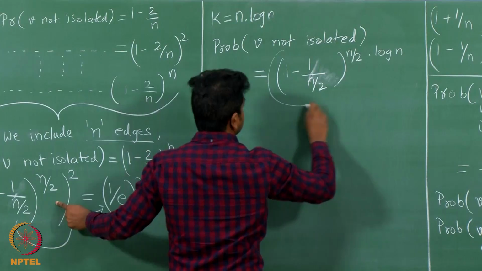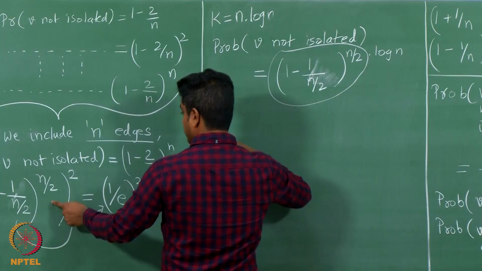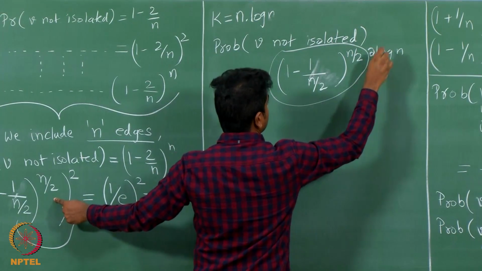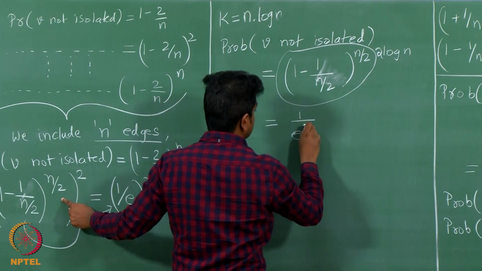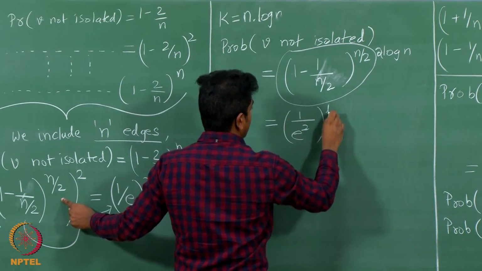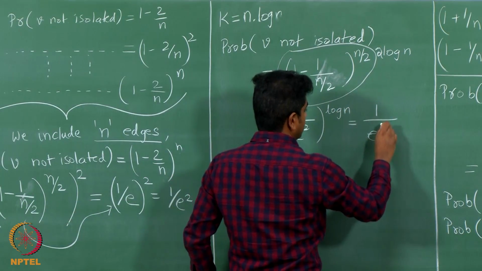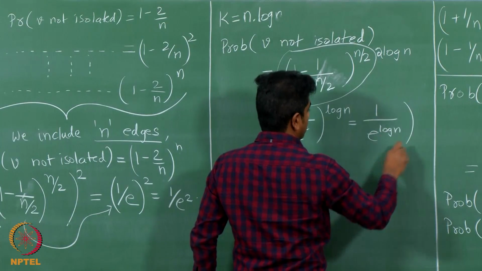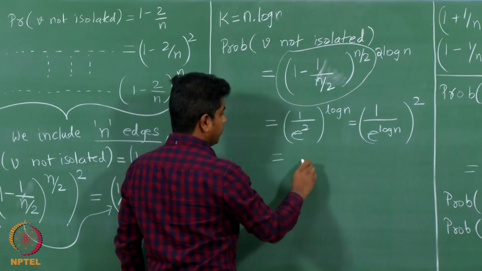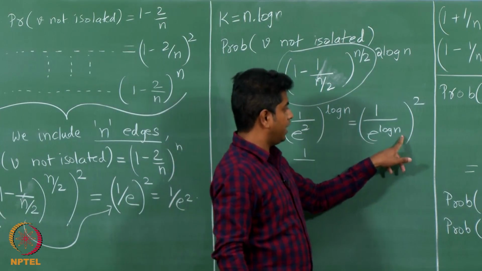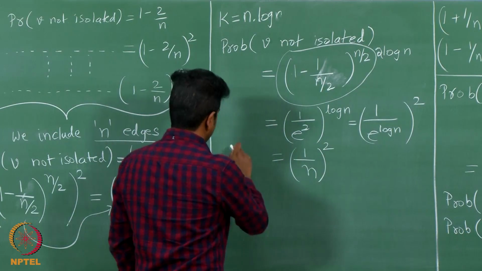We know this part is, we saw it's e, correct. So there is a 2 here, 2 here, this becomes 1 over e square times log n, which is 1 over e to the log n, let us say whole square. I have just taken log here and put to that side, which is equal to 1 over, we know e to the log n is n, 1 over n the whole square.